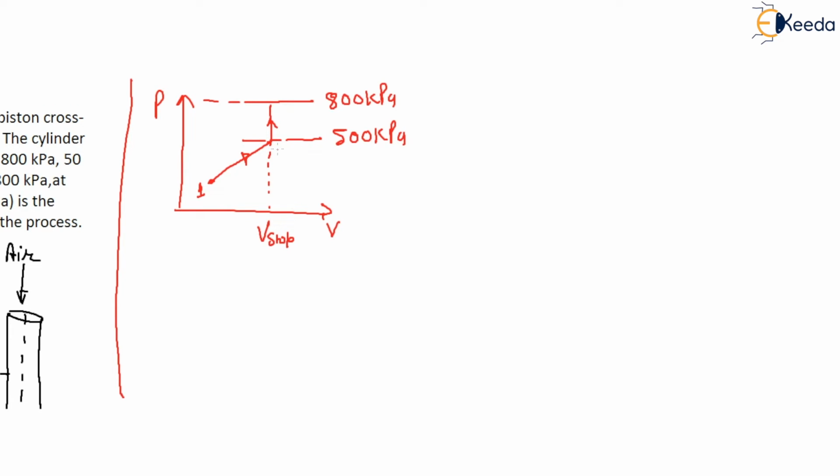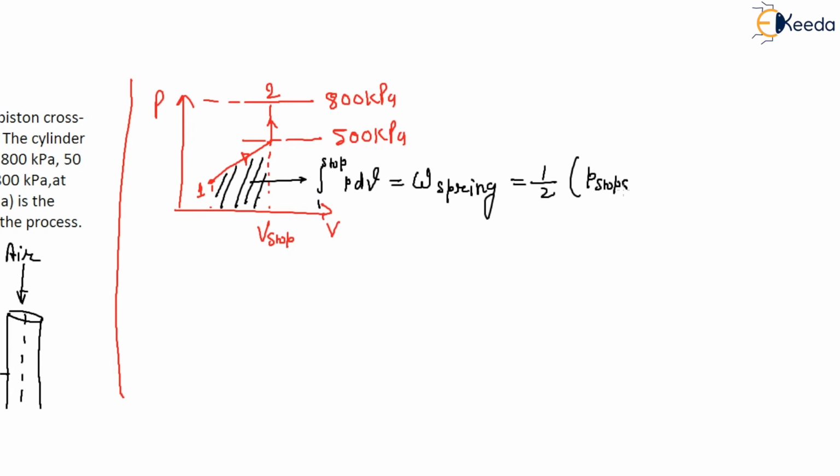So 1 to stop, this is 2. Only the work transfer in between this counts; the constant volume part will not include work transfer. This is your work, the integration from 1 to stop of P dV, which is the spring work, half of (P_stop + P1) times (V_stop − V1). So this is it. Okay.